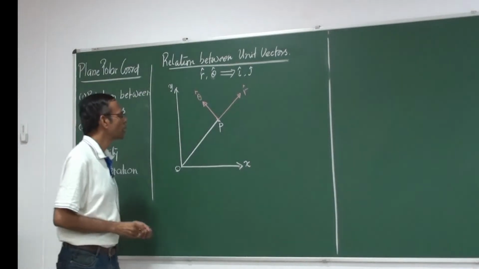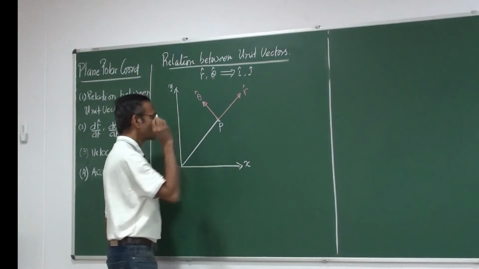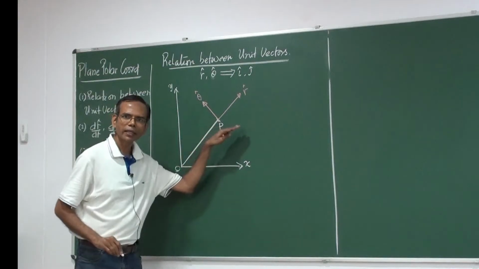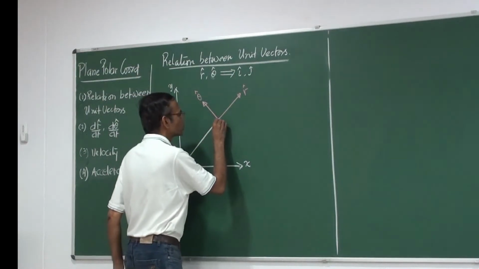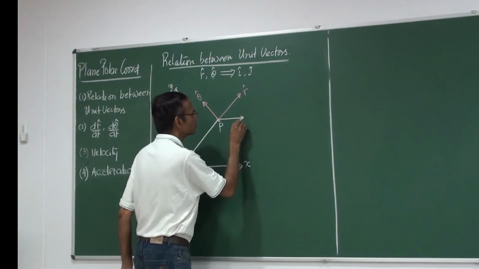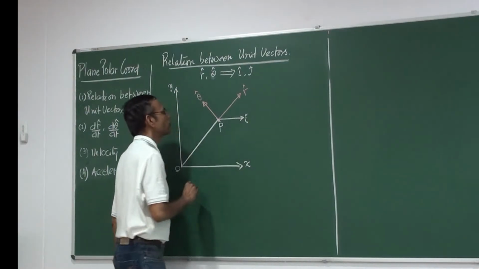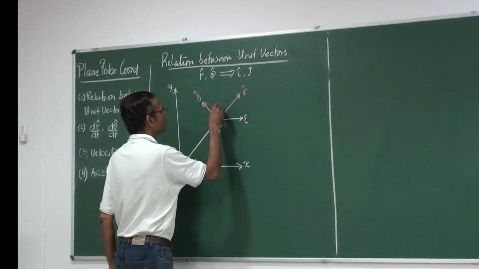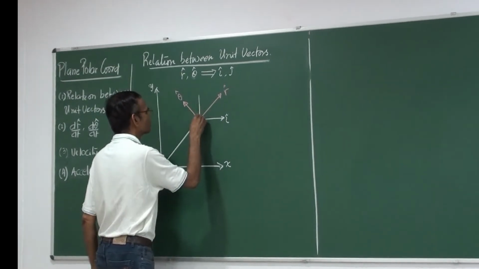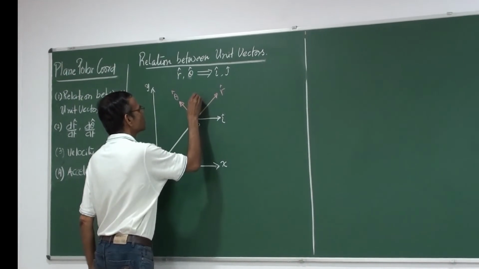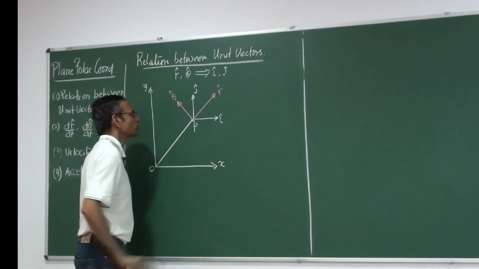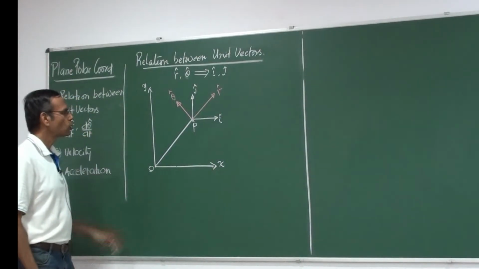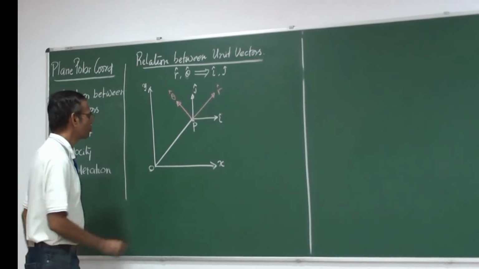Then parallel to x-axis, I have the i cap vector. So let us draw i cap here, and parallel to y-axis, I have the j cap vector. Good. I hope it is very clearly visible to you.